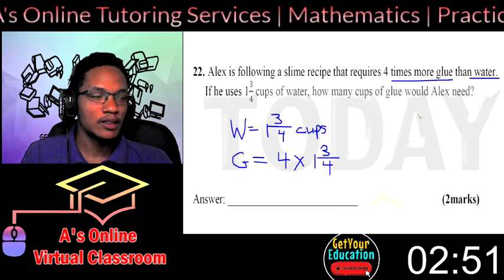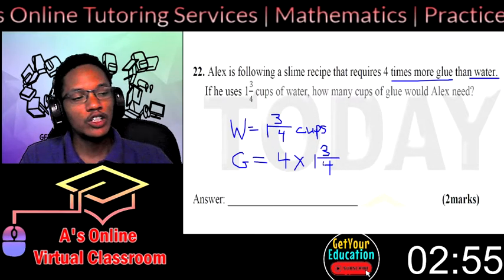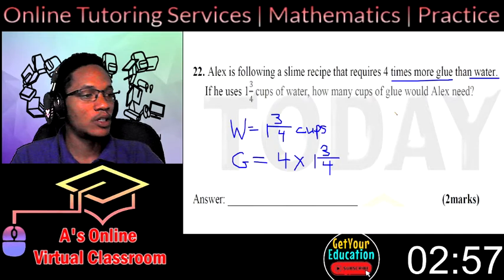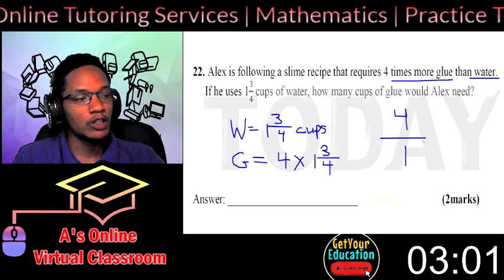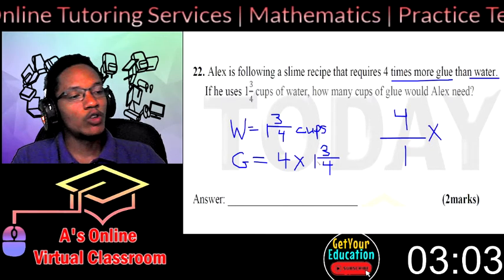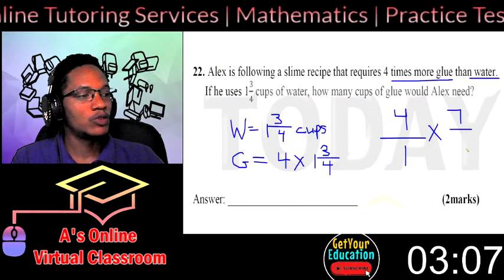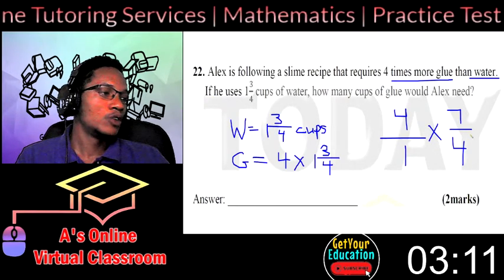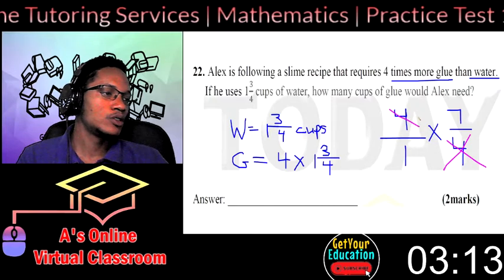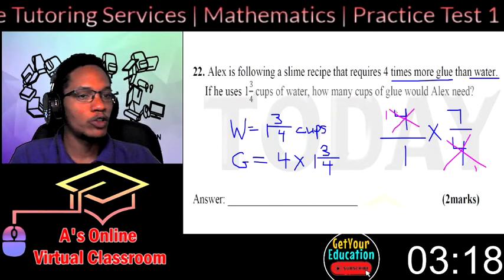Make sense? So of course we know when we multiply in fractions, if we have a mixed number, we change it to an improper fraction, and we have to use 4 as an improper fraction. So 4 times 1 is 4 plus 3 is 7 over 4. And we get some nice numbers here to work with. 4 could reduce 4, giving us 1 and 1. 4 into 4, 1, 4 into 4, 1.